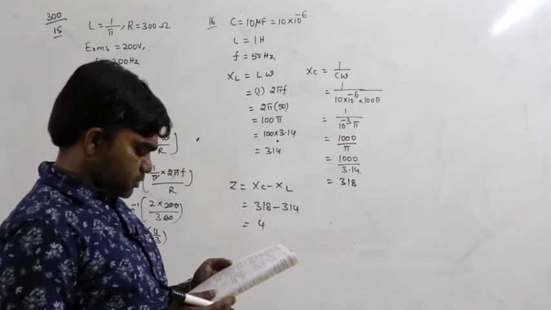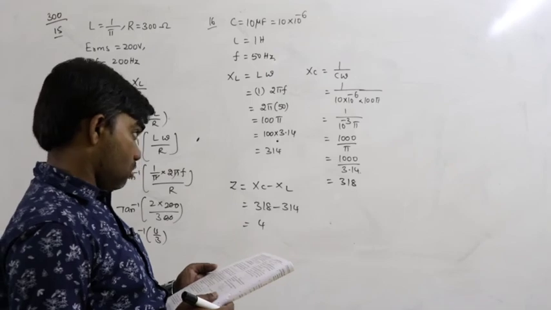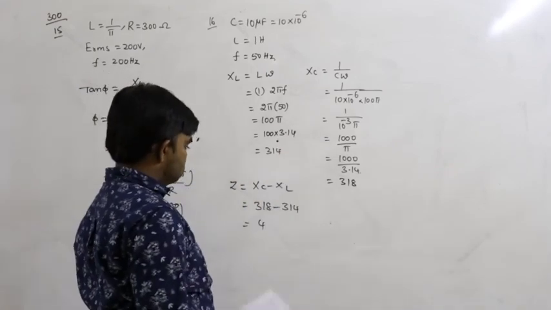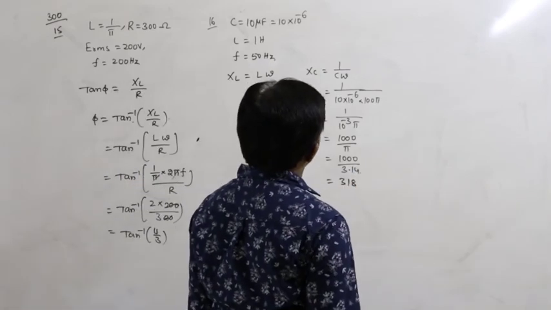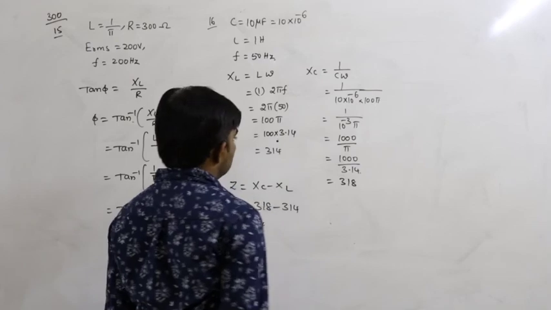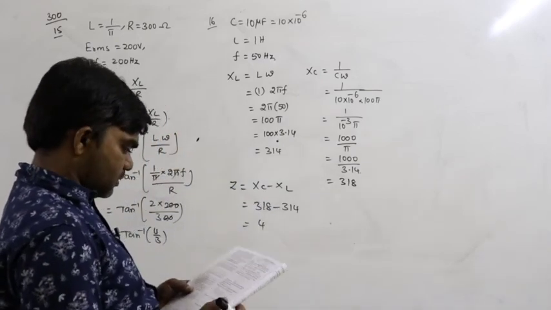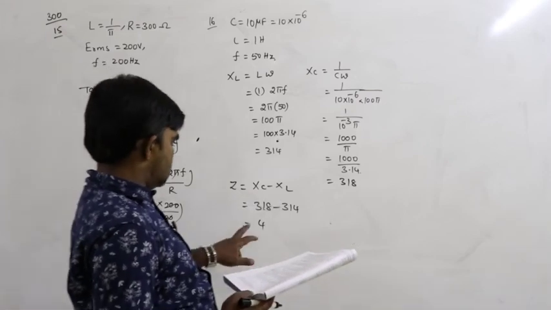What are the possible options given for the 16th? First option is 0, then 1000 divided by 3.14, that is 318. The nearest option is 5.67, but the value is less than 4.